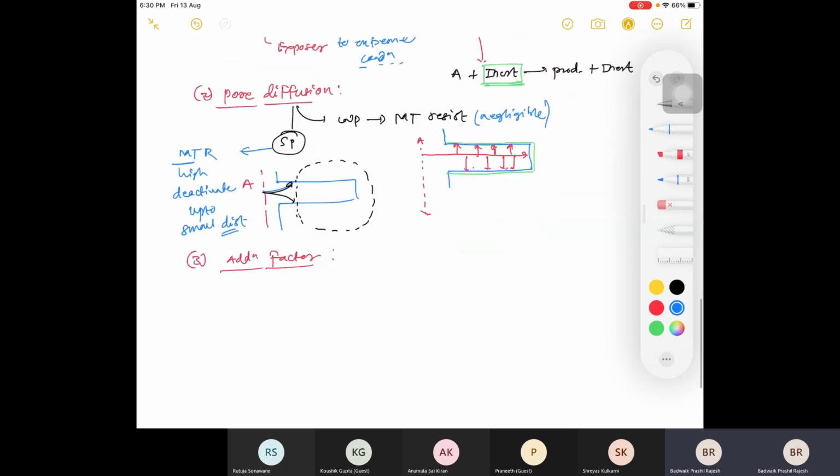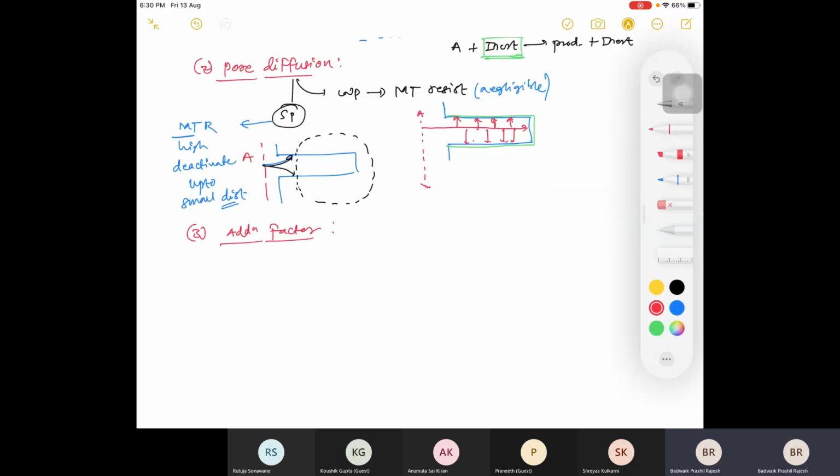Now I am just explaining this in a bit more detail, from an application point of view. Suppose this is my catalyst and this is my catalyst. Two catalysts are there. One is with strong pore diffusion resistance regime, SPDRR, and the second is weak pore diffusion resistance regime. I explained in previous classes what we mean by strong pore and weak pore.